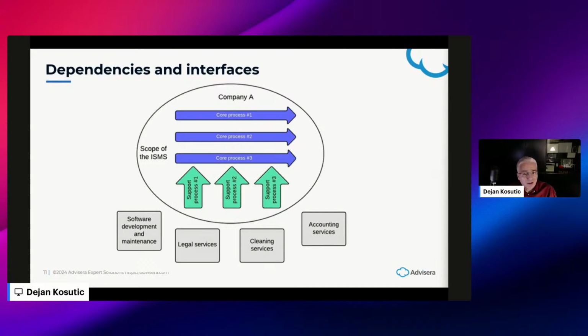So the interfaces are either physical interfaces, like a door, which physically separates you from some other third party, or logical or technological interfaces that stand between you and this supplier.